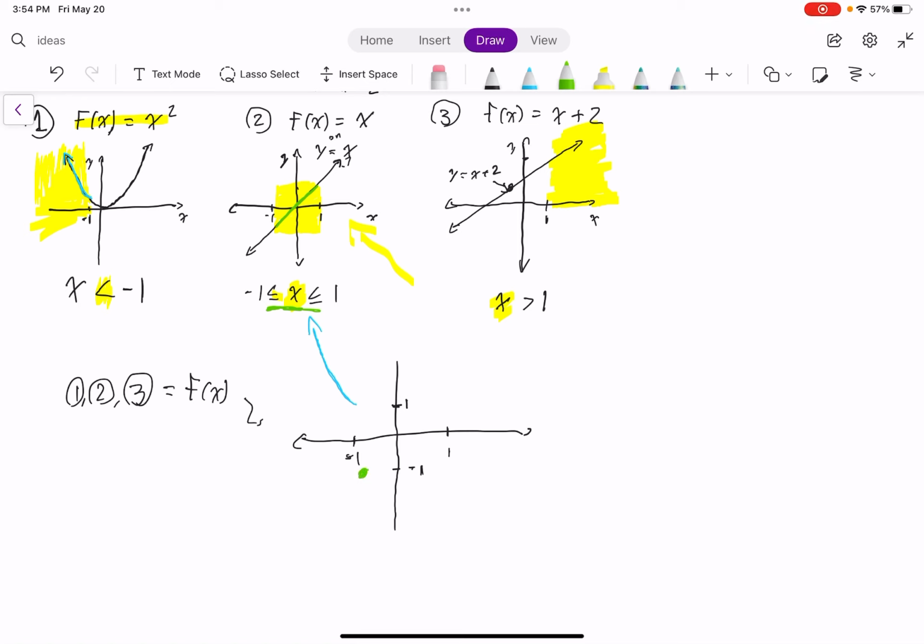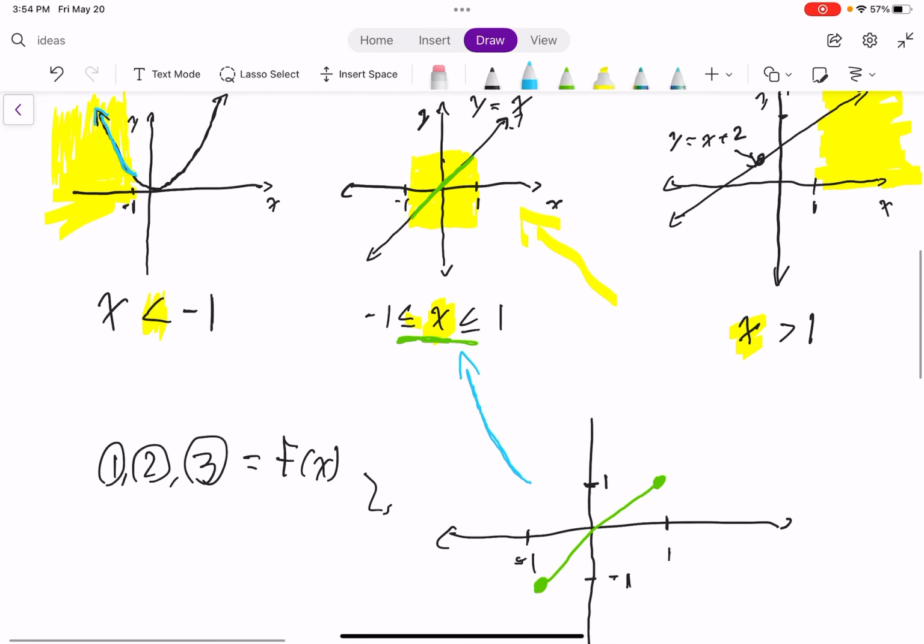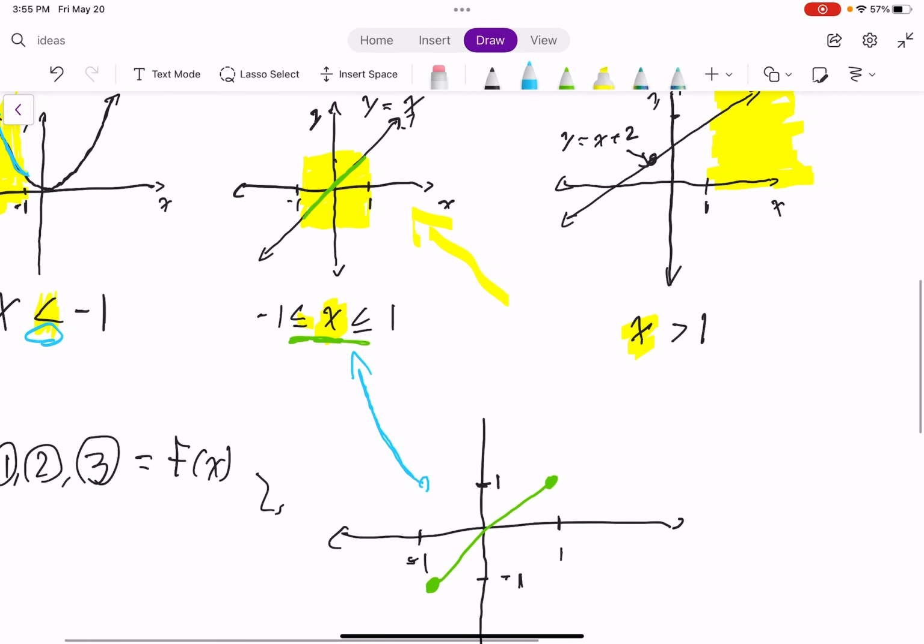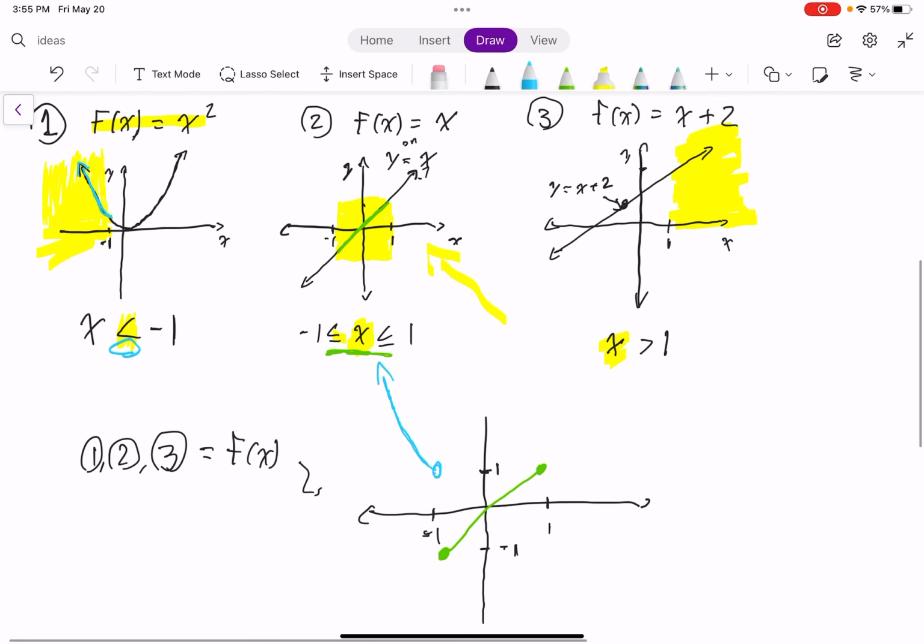So it goes from here to here, like such, very bad line. And since the first graph has no equal sign, it has an open circle. The open circle just means that the graph includes all these points and goes up to -1, but does not equal -1. Okay.